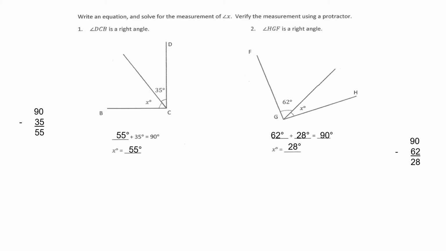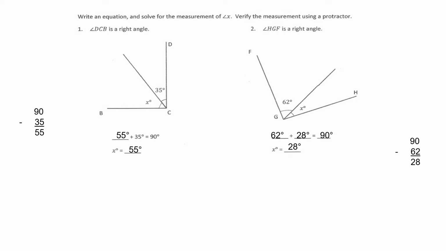Now, this is rotated, but this, again, angle HGF is a right angle, which means it's 90 degrees. So that is missing right here. So we're going to say that we know that the total is 90 degrees. We do know one part, which is 62 degrees. We don't know another part, which is x. So we can say we know the whole, and we know one part, and we want to find the other part.